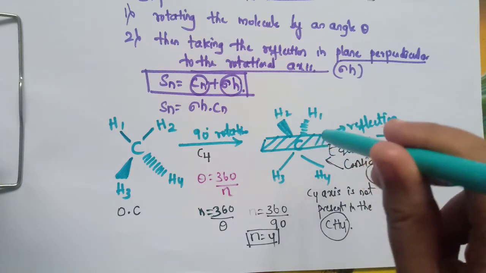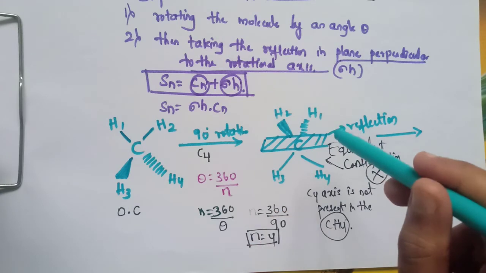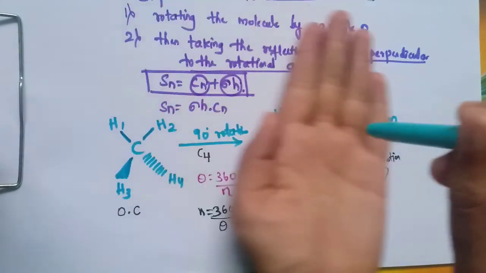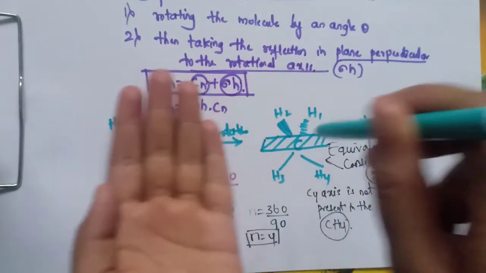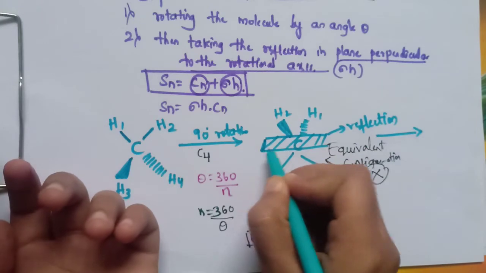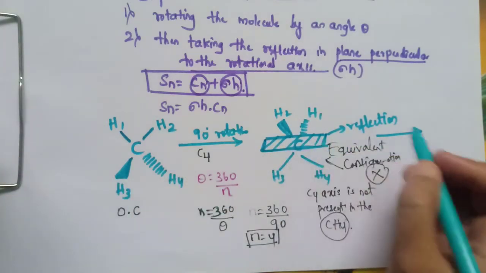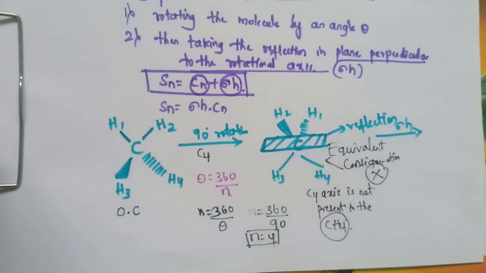Plane perpendicular means it is the reflection and it is perpendicular. This carbon atom is perpendicular to this rotational axis. So taking the plane here, that is reflection here. That means sigma h is taken. Sigma h is nothing but taking a plane perpendicular to the rotation axis.